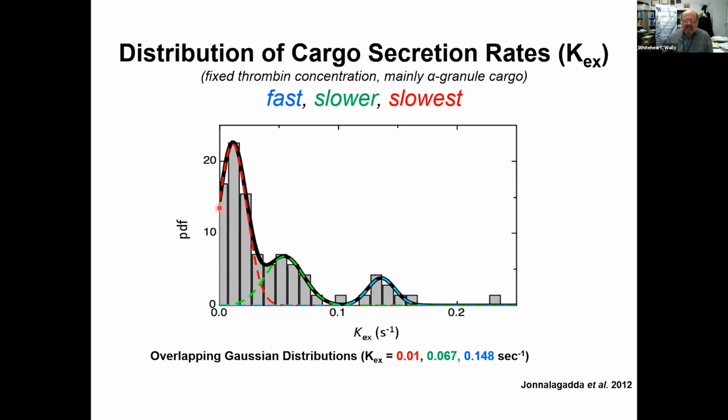Beta-hexosaminidase would be an example of that class. And then all of the rest of the molecules fell along these 3 Gaussian distributions. We had an intermediate class and slower classes. So this surprised us because it suggested that platelet cargo is coming out at a controlled rate, and something is actually having an effect to control that distribution of cargo out into the extracellular space.